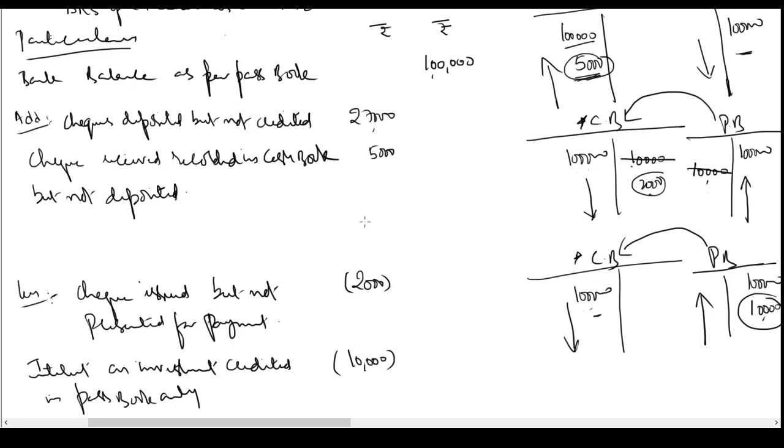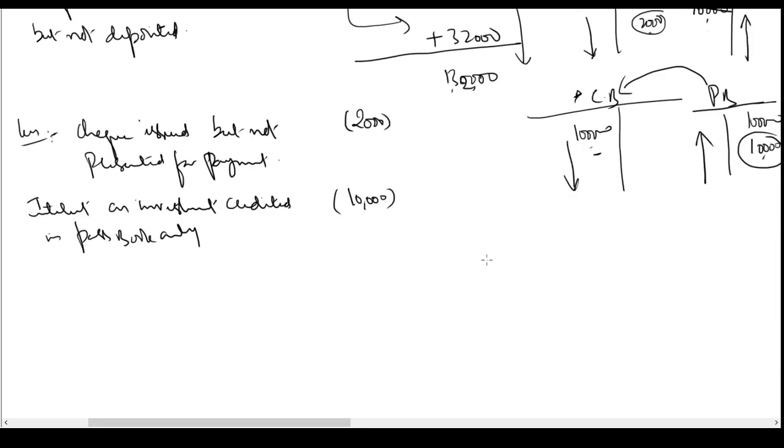Now the total of plus items is 27 plus 5, 32,000. 1 lakh plus 32 is 1 lakh 32,000. Like this we write, then we go down. The total of less items is 12,000 rupees, 10,000 plus 2,000.